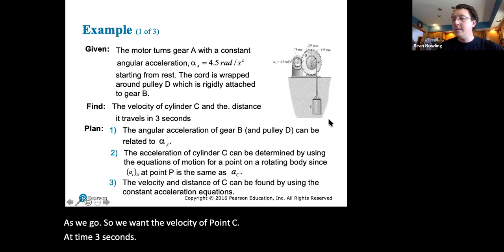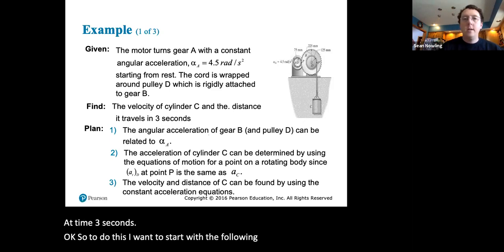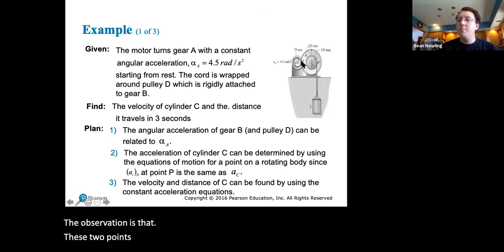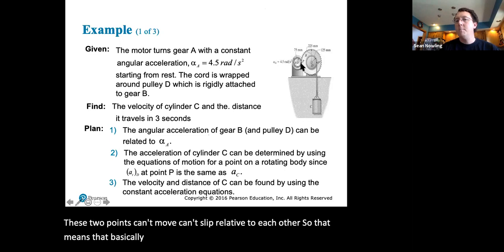To do this, I'm going to start with the following observation. These 2 points can't slip relative to each other. So the arc length traveled by one has to be the same as the arc length traveled by the other.